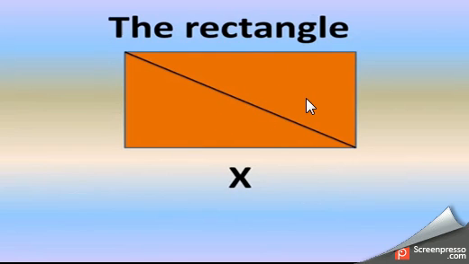No, mister, we see it now. So I can't consider the two diagonals of the rectangle as lines of symmetry because the two parts don't completely cover each other. So the diagonal isn't a line of symmetry of the rectangle.